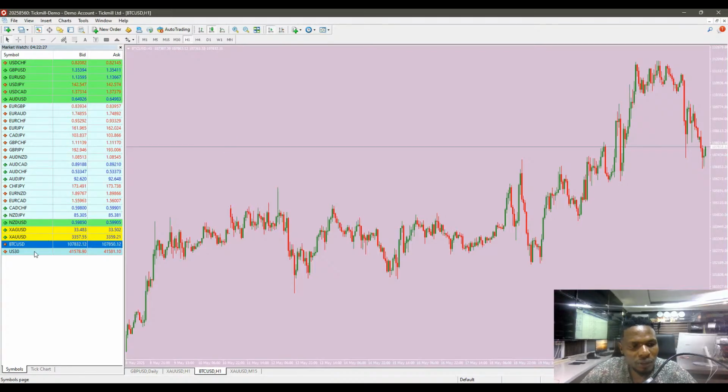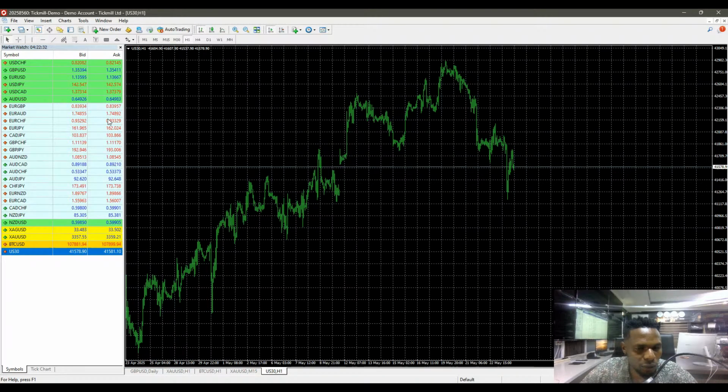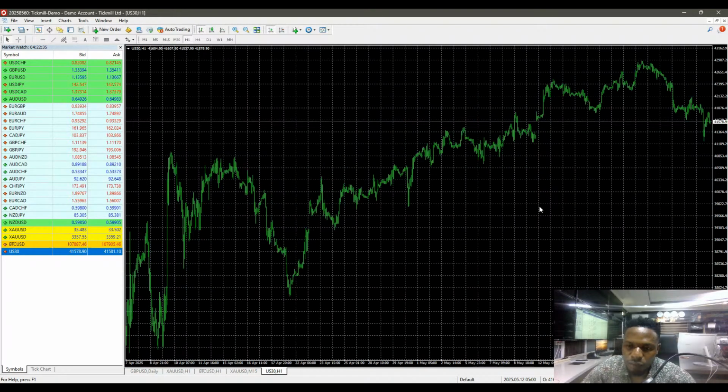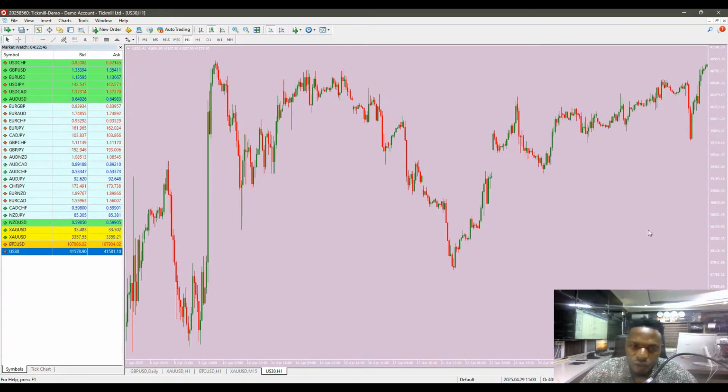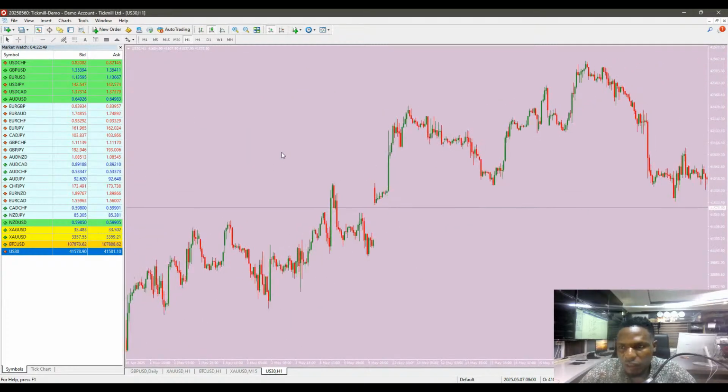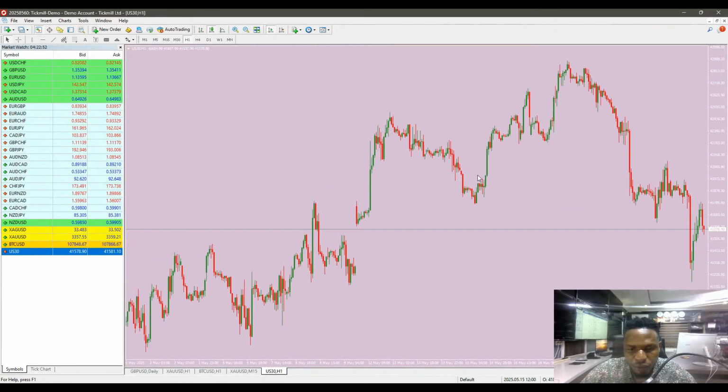So anytime I open any chart, let me open a new chart. I'm opening this now. Instead of pressing Ctrl G and changing the colors again, all I need to do is right click on the screen, go to template, and I will see new chart. Click on it. You have this. So once you save the one you've changed, you can use it on any chart you just opened instead of changing color over and over again.